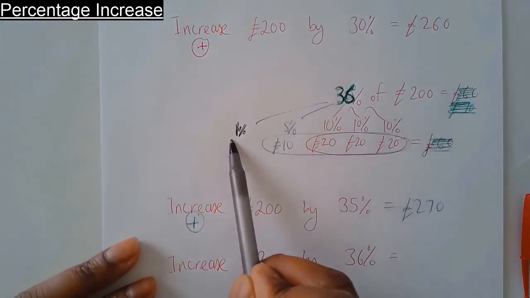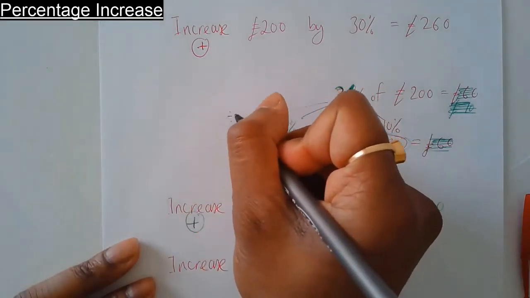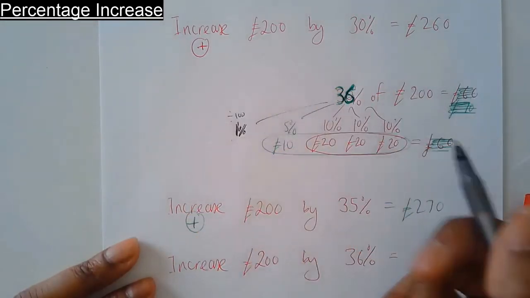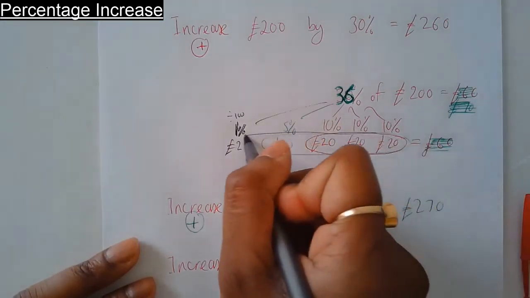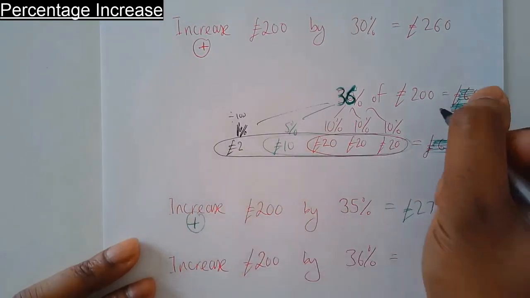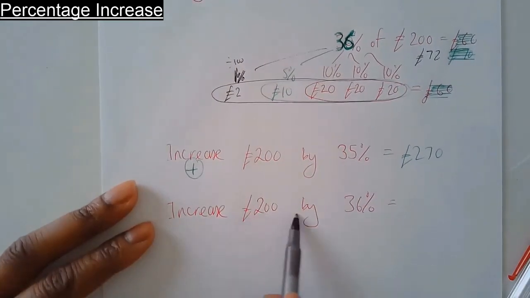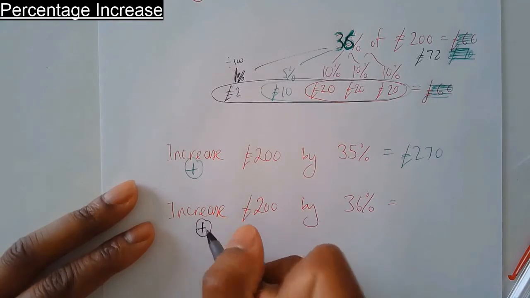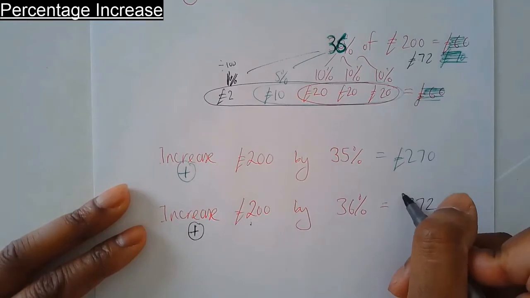To find 1%, you can divide the 200 by 100. 200 divided by 100 is 2. So now altogether we have £72 here. So to increase £200 by 36%, 200, add 72, £272.